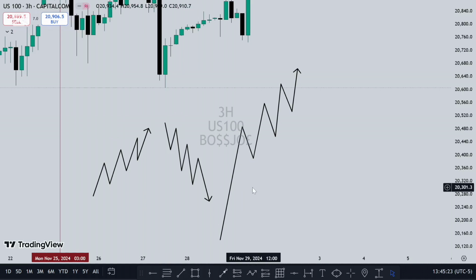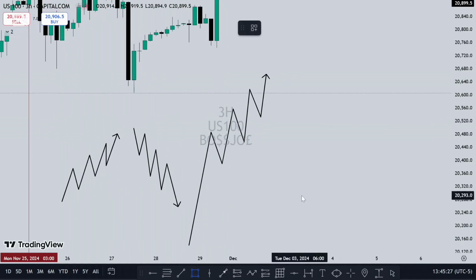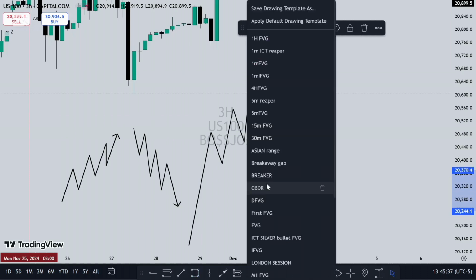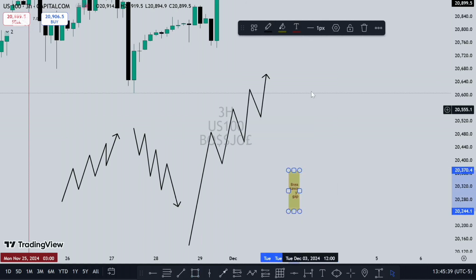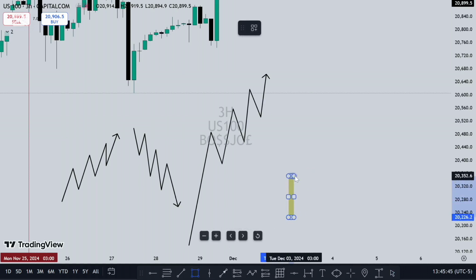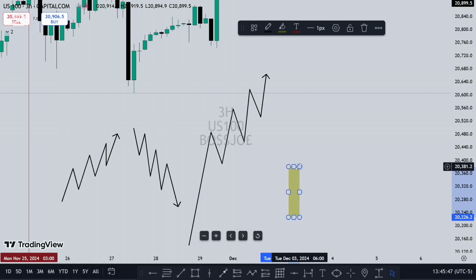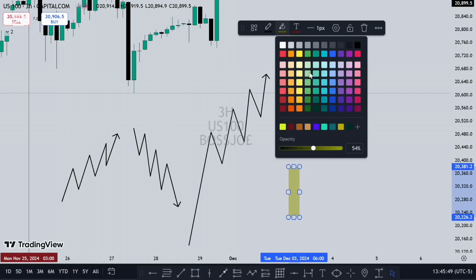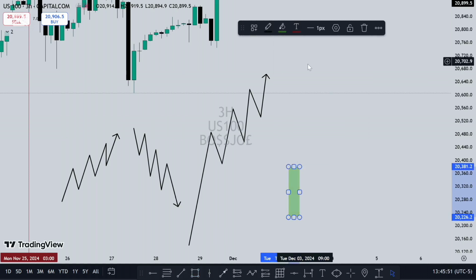For example, this is what I mean. This is a candlestick right here. Let's say this is a candlestick. An uptrend candlestick is always identified with a green candle, right?